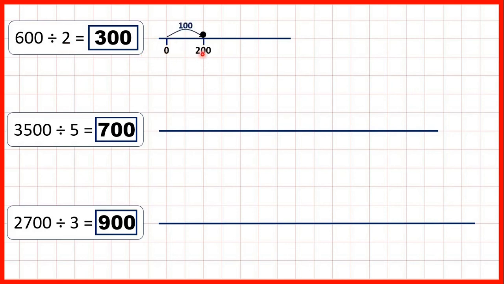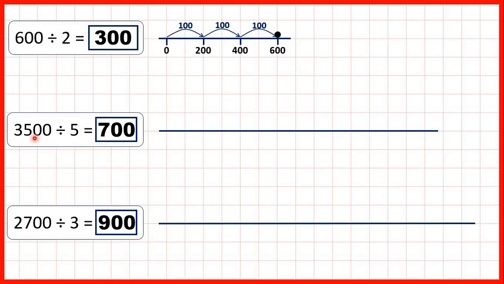We have 200, 400, then 600. So, because we counted steps of 100 times 2 3 times, we counted 300 steps. Remember, counting in steps of 200 is like counting in steps of 2, but with 2 zeros on the end in our tens and ones.